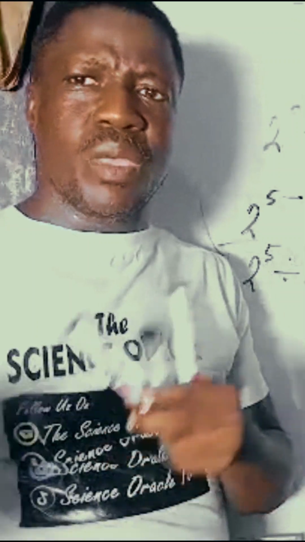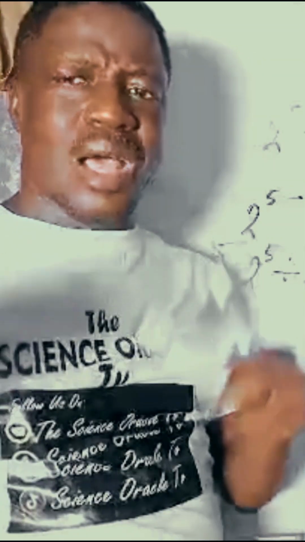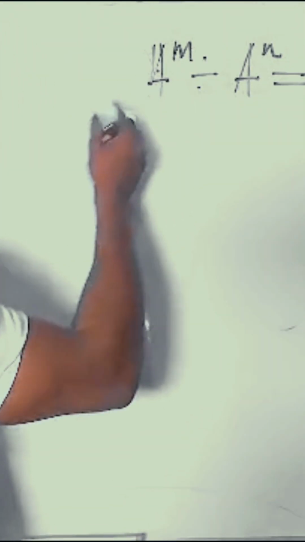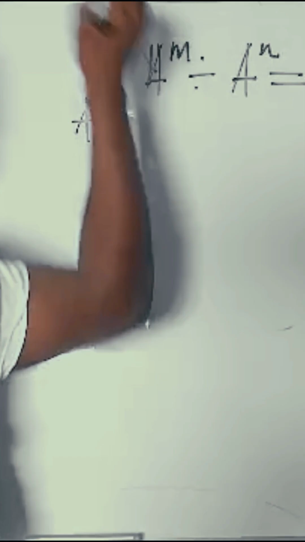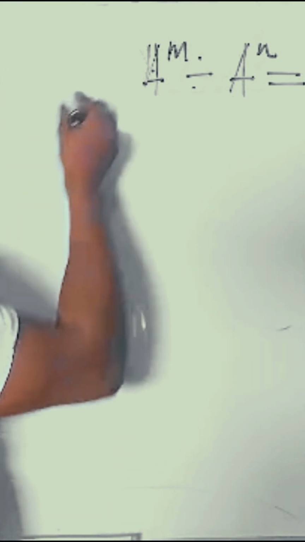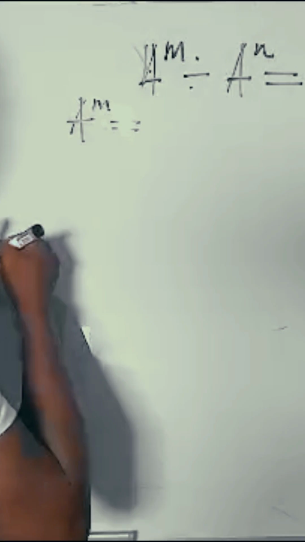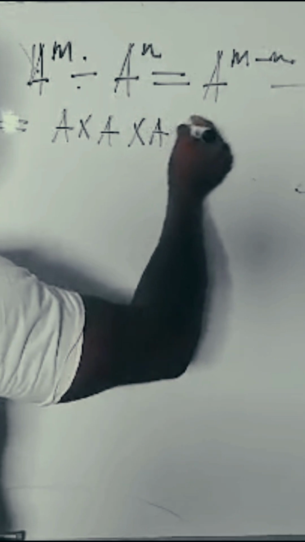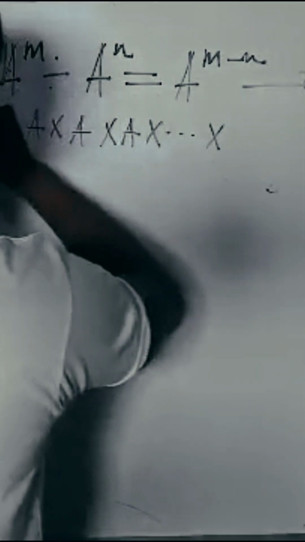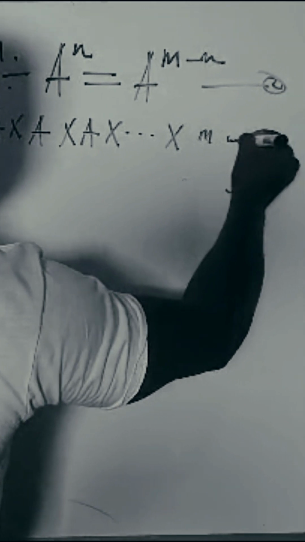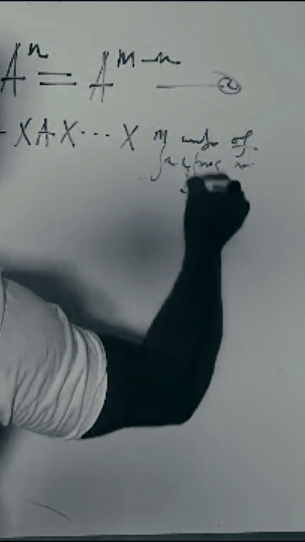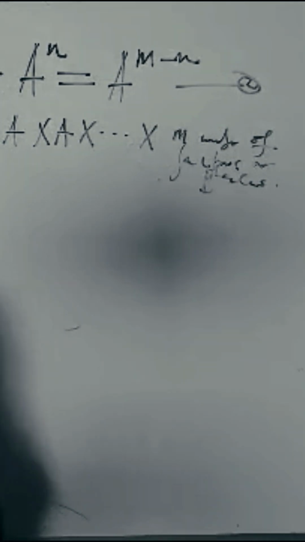Now let's look at it from a more professional angle, otherwise known as the arithmetical approach. Let's derive the second law of indices using the professional approach. We already know, just like we did in part 1, which has to do with the first law of indices, that a raised to the power m is as good as a times a times a and so on, times m number of factors or places.